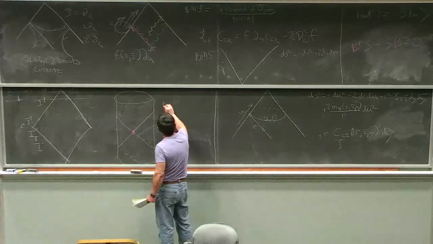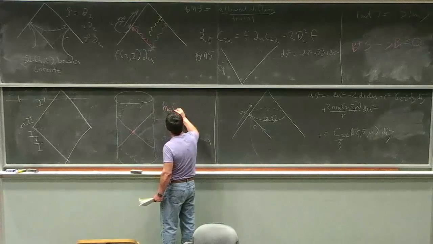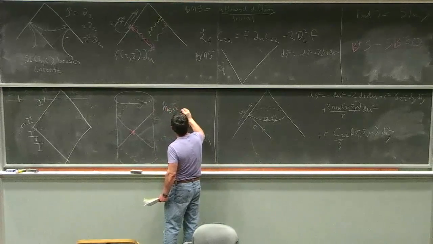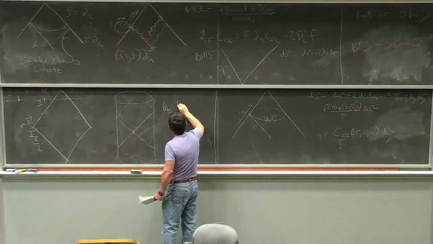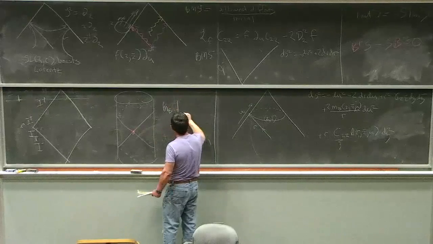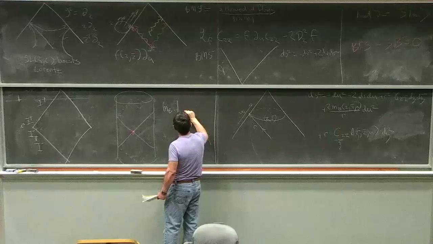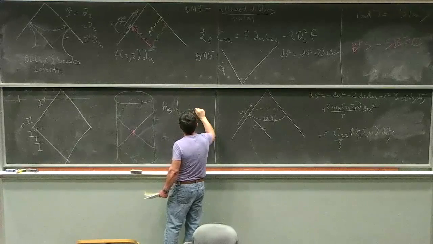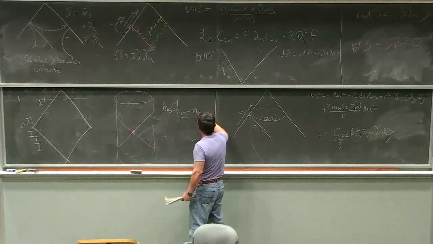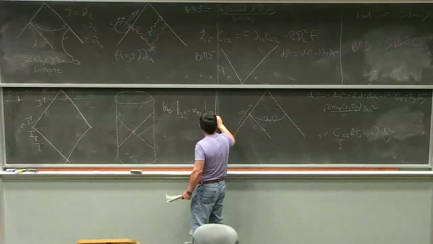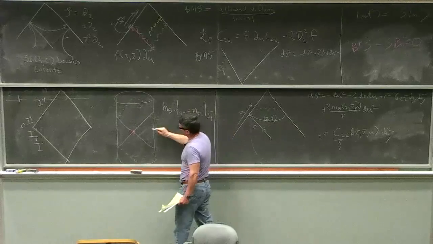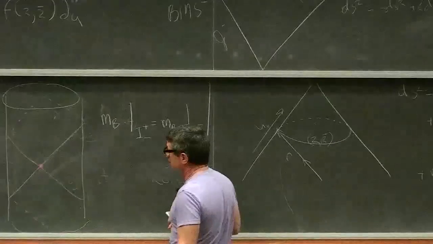So then the boundary conditions are the simplest thing you could imagine, which is that M_B, the Bondi mass aspect, which depends on z and z bar, evaluated at scri plus minus, is equal to M_B at scri minus plus, where by the same point, I mean along the null generators.